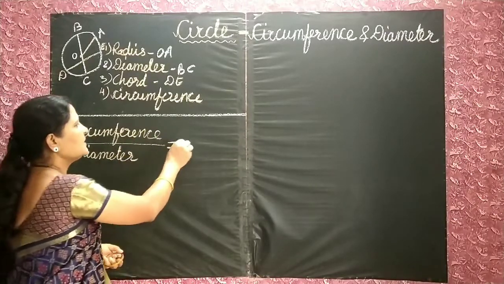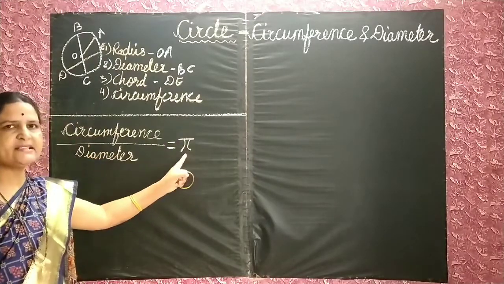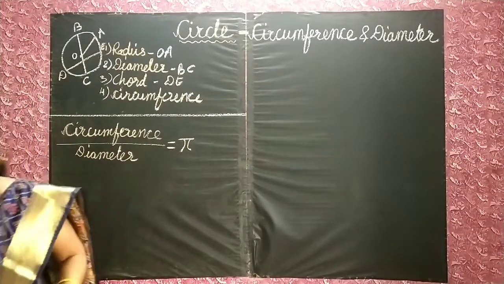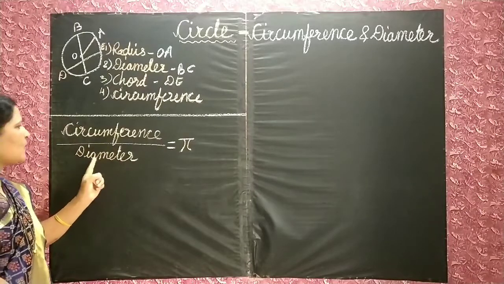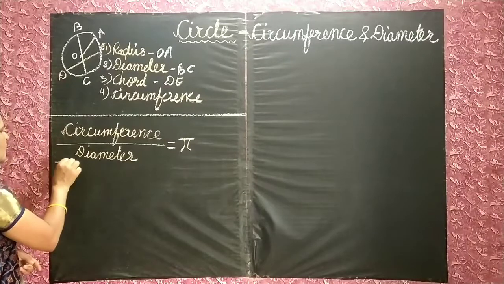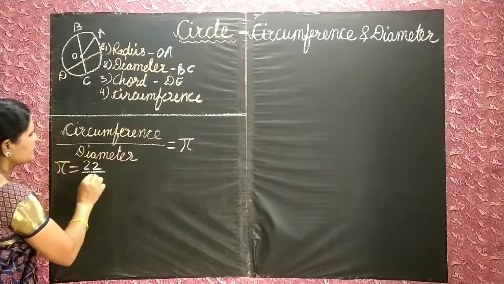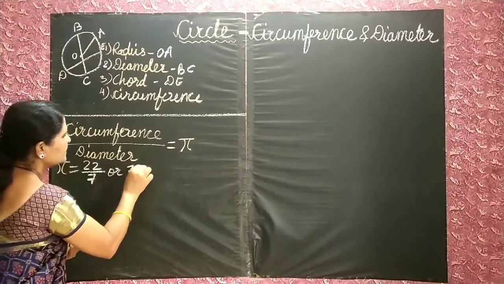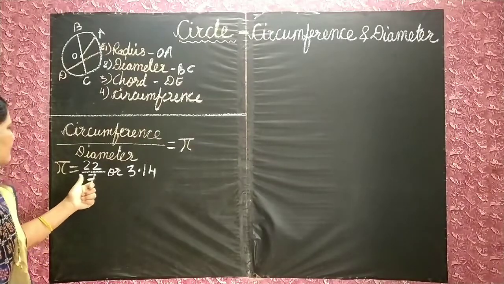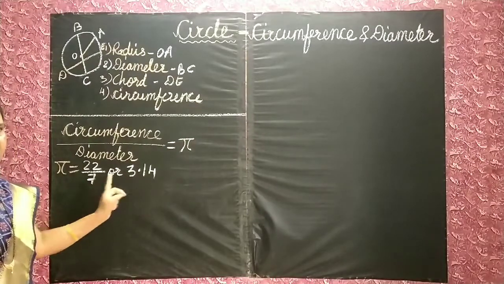This constant is represented by a Greek letter. It is called pi. So circumference upon diameter is equal to pi, and the value of pi always remains constant, that is 22 upon 7 or 3.14. While solving examples we can put either of these values; any one value we can put.